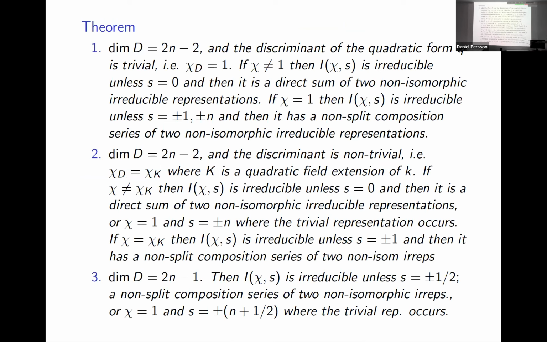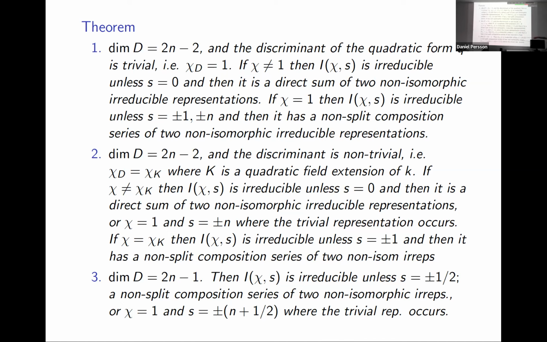So you have either 1 or 2 reducibility points, because from the trivial representation, if chi equals 1, you can have the trivial representation, and then you have one additional reducibility point coming from SL2 or SL2 tilde.